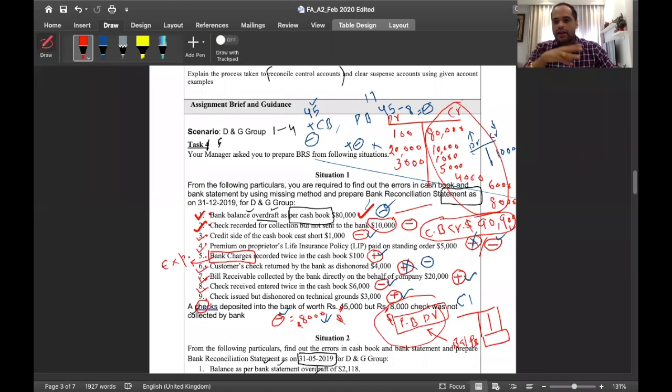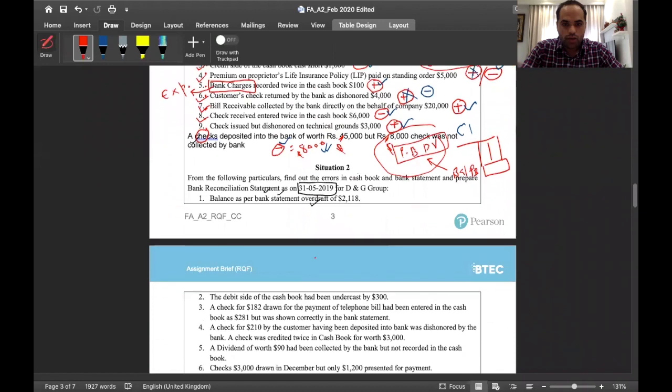And cash increased, or we have to add it back 20,000, so that's why we are adding it on the debit side, something like this. So that's your situation 1. Does anybody have any question regarding situation 1?